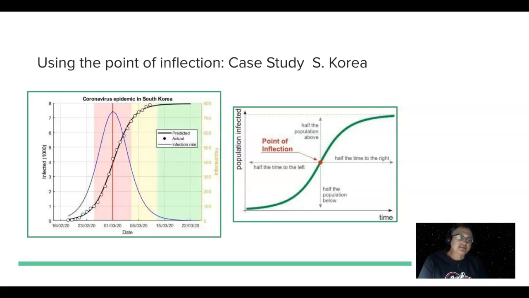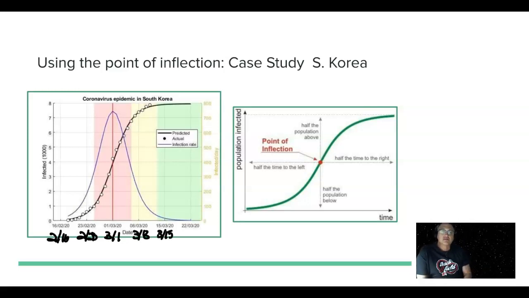And then the date is written out in front. So that's February 16th, so we would write it as 2/16. Then this is 2/23. This is March the 1st, March the 8th, March the 15th, March the 22nd.